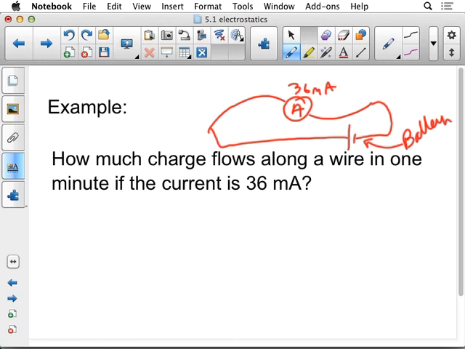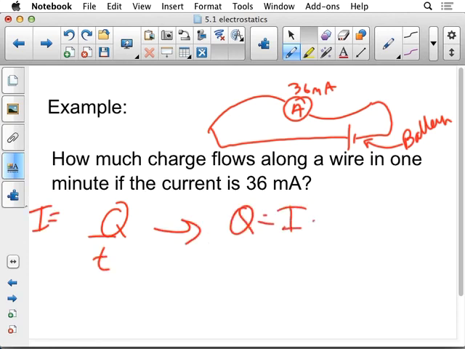Karan, how do we do it? Q equals I times T. Yep, that's all. Q equals I times T. Of course, we start with I equals Q divided by T, solving it for Q equals I times T. Do I have to use delta T?